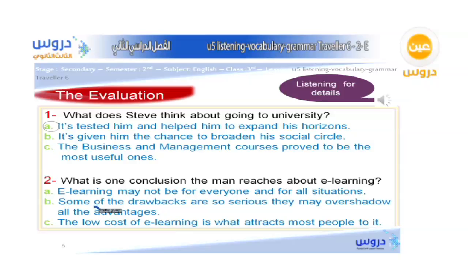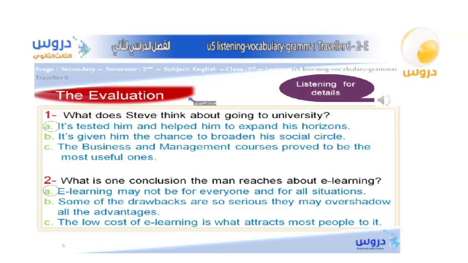B. Some of their drawbacks are so serious they might overshadow all the advantages. Or C. The low cost of e-learning is what attracts most people to it. Okay, you are choosing A again. Are you sure, Isra, about those answers? Because you are going to see now whether your answers are right or not.